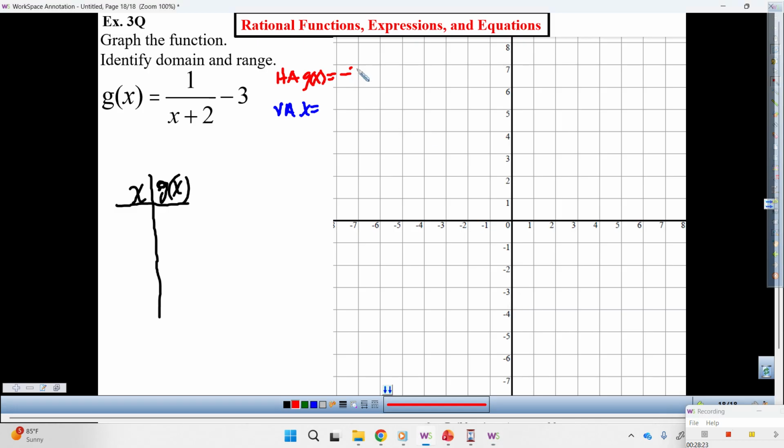Negative 3 of g of x. Hands, have you got that? All right, so we go to negative 3, which is down here. Let's get our HA sketched. There it is. And what is our VA, Eileen? Negative 2. Hands, have you got negative 2? That is correct, negative 2.